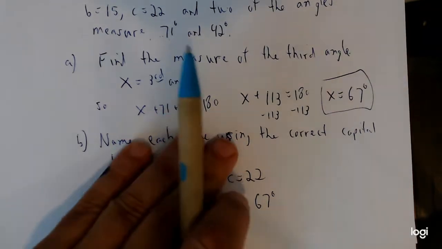Okay, so let's get on to the last concept of this section, which has to do with similar triangles. So how do we know triangles are similar?